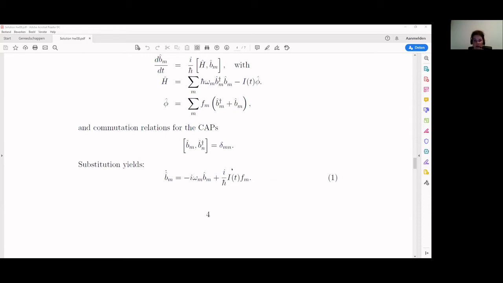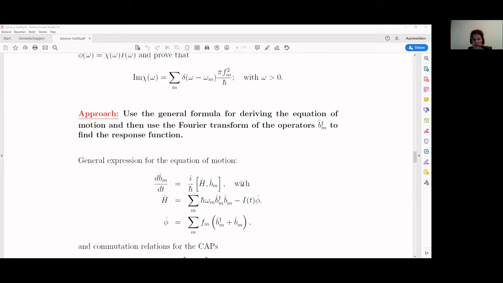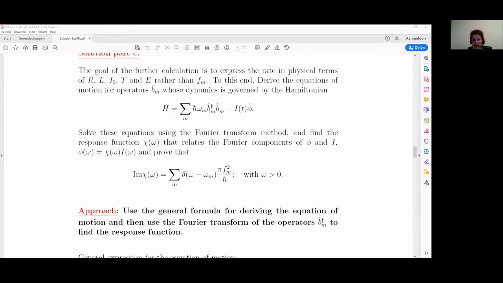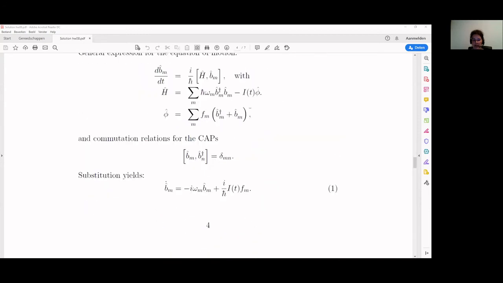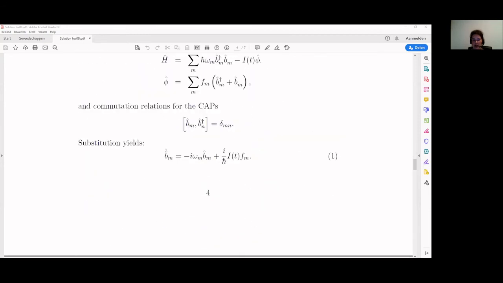So if I do all of this, I find that the time derivative of the operator, Bm dot, is equal to minus i omega m times Bm, plus this additional term, which comes from the second part of the Hamiltonian here, and reads i over h bar, the time-dependent current, times Fm.